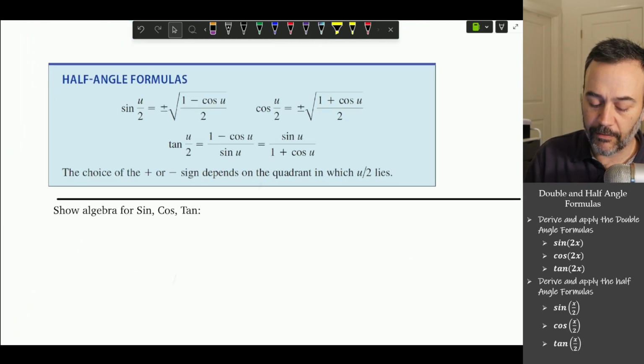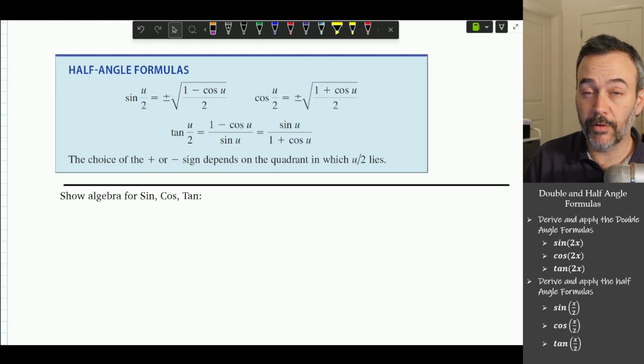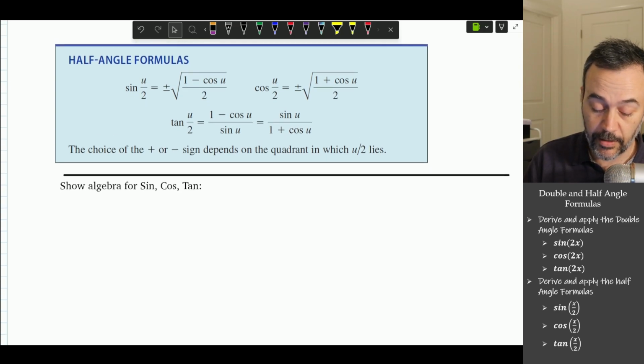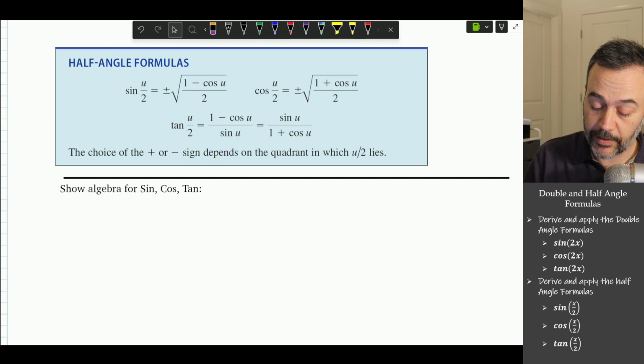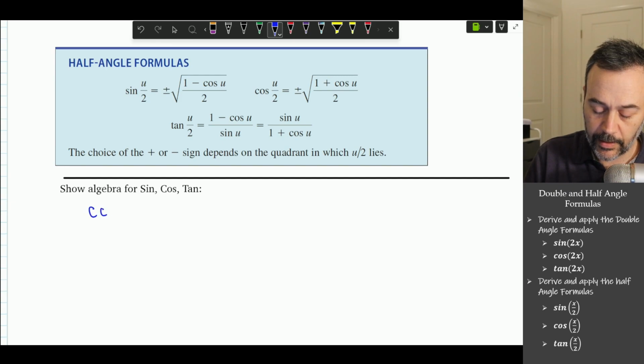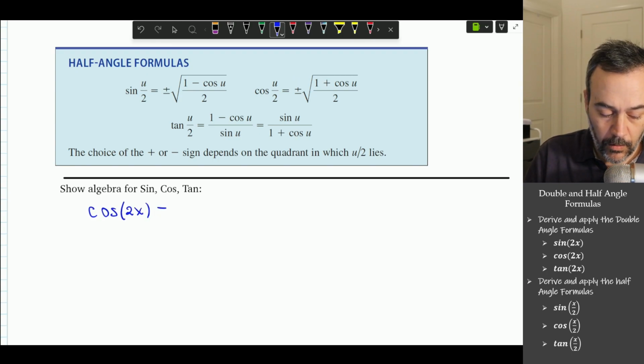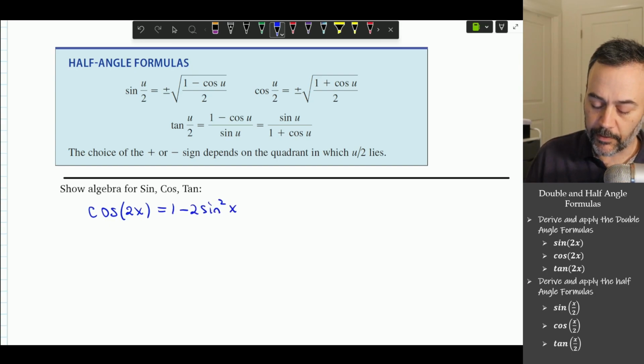Okay, so here are the half angle formulas. Let's prove them. Again, pretty straightforward if you know prior identities, and you can rederive these very easily by knowing your double angle formulas. To prove sine of u over 2, what's helpful is this identity. Remember how we had the cosine double angle and there were 3 versions? This was one of the versions.